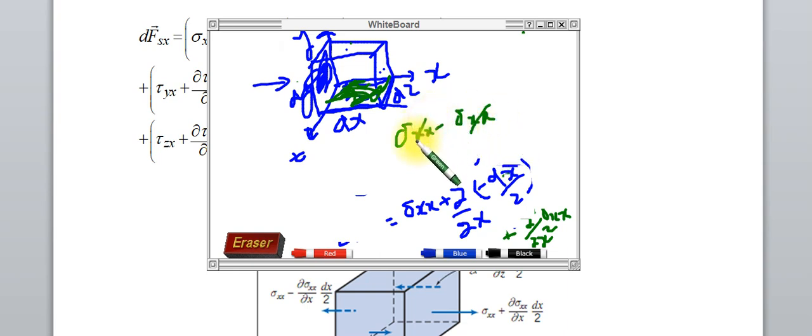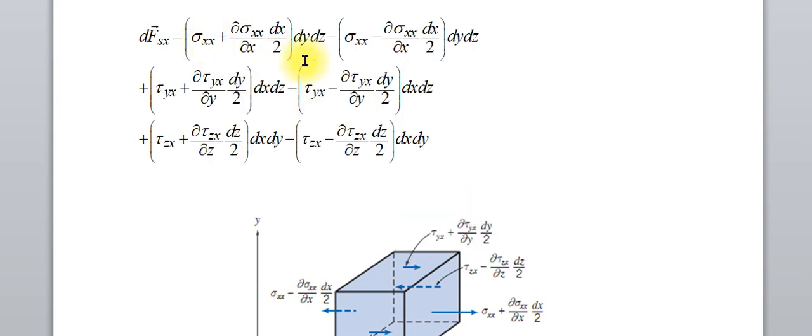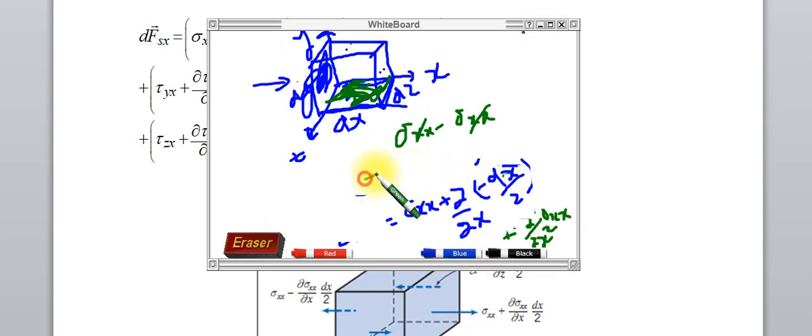Like you can see here, sigma x minus sigma x, plus and minus into minus plus. So two times this: two times partial by partial x of sigma x into dx by 2.